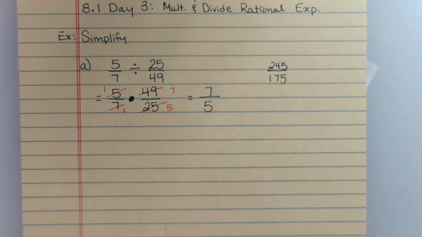But how many of you realize that divides by 35? Anyone? The only reason I know it divides by 35 is because I know this divided by 5 and 7. And 5 times 7 is 35. So, you don't have to cross simplify, but it makes the simplifying easier. Okay.